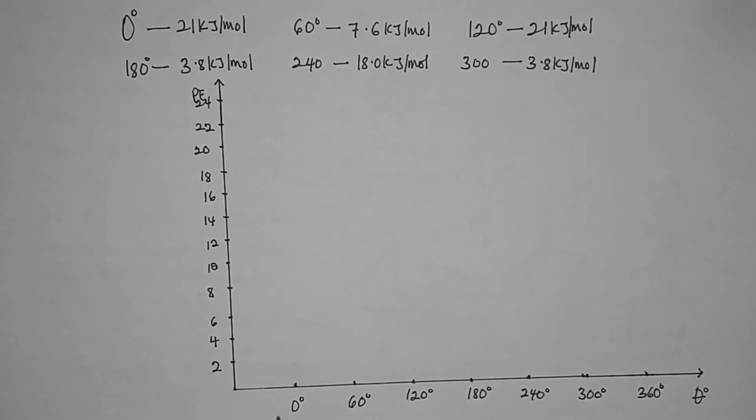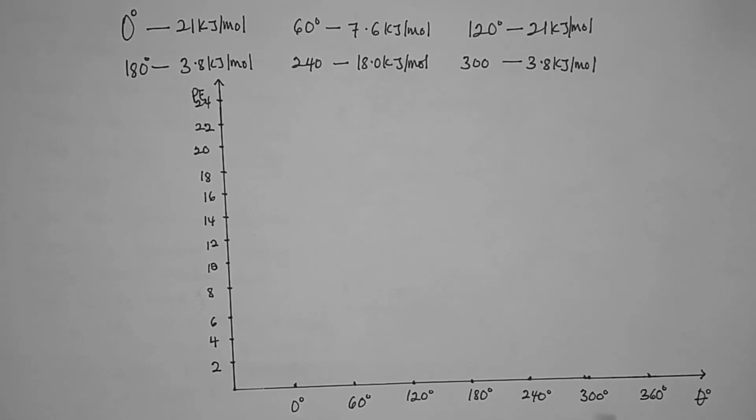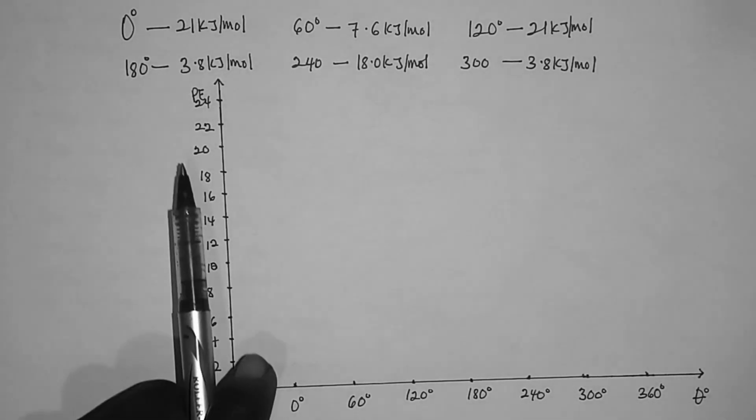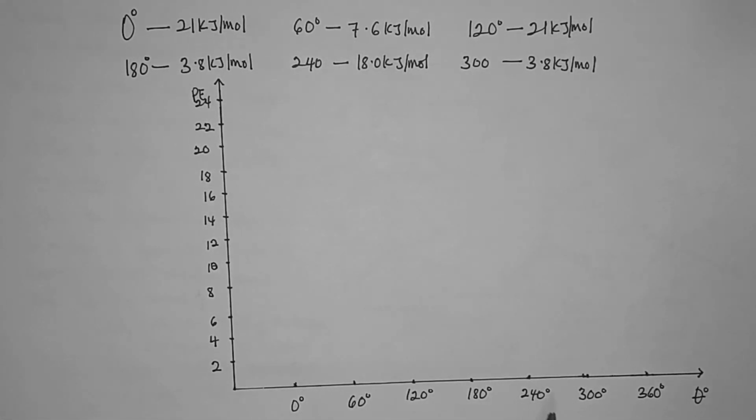So if we come here, this is the dihedral angle. Remember, it is from 0 to 360 degrees. And then the 0 degrees and the 360 degrees are the same conformers, so they are going to have the same energies. We are going to plot their energies against the dihedral angle.